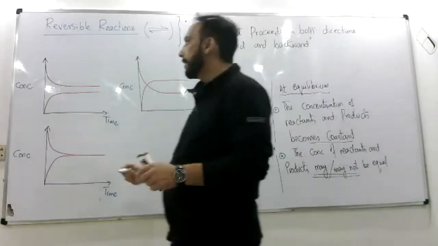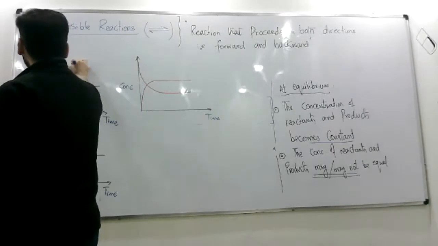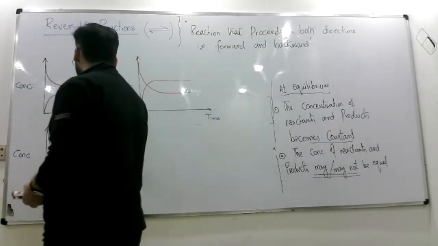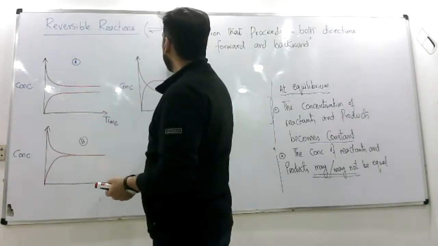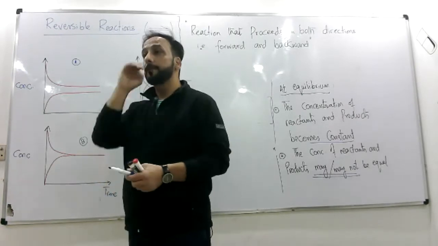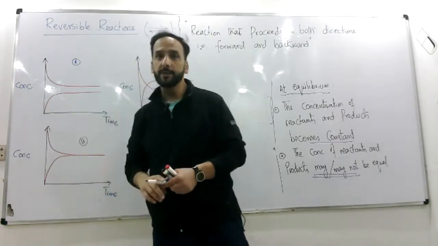Okay, so we'll label these graphs as graph A, B, and C. These are the graphs for a reversible reaction.